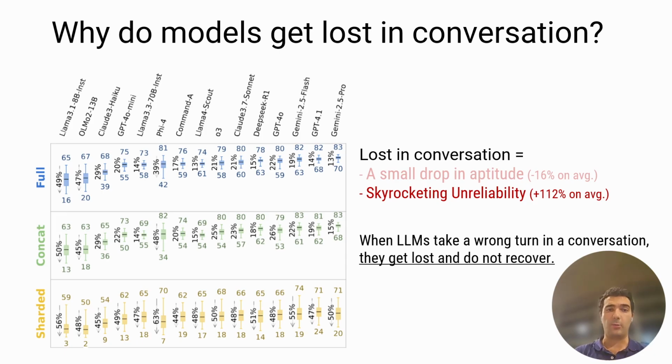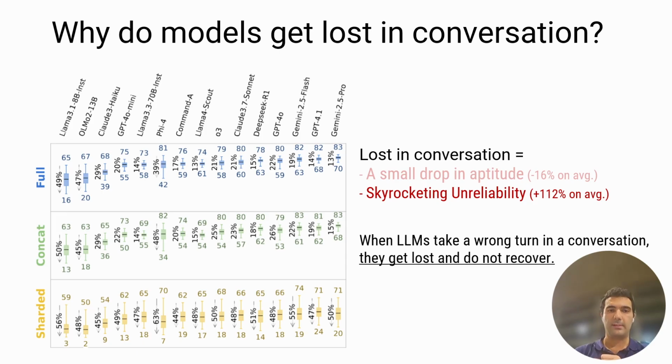Let me show you how to interpret that result from the graph here on the left. If you first focus on the full and concat settings here at the first two rows, you can see that we've put models from left to right, from least performant to highest performant.